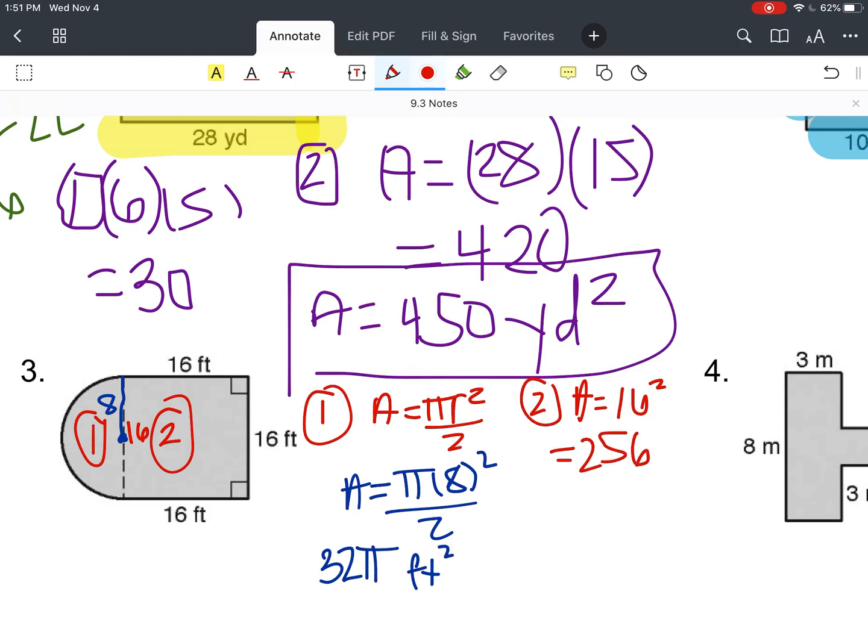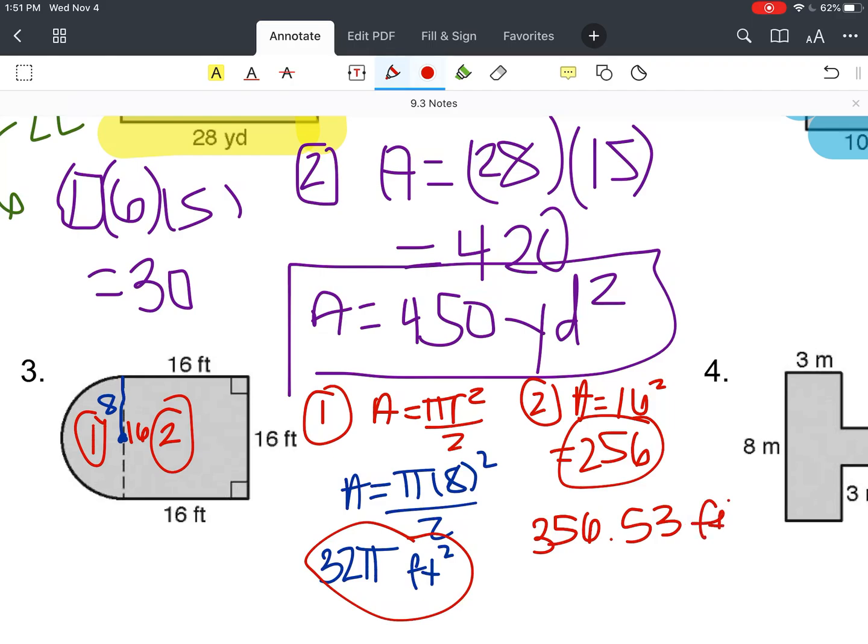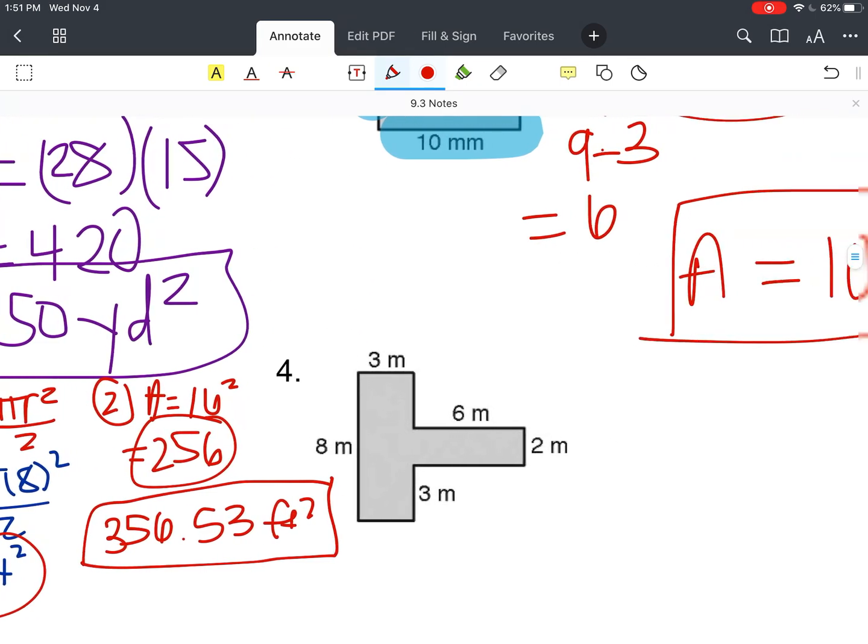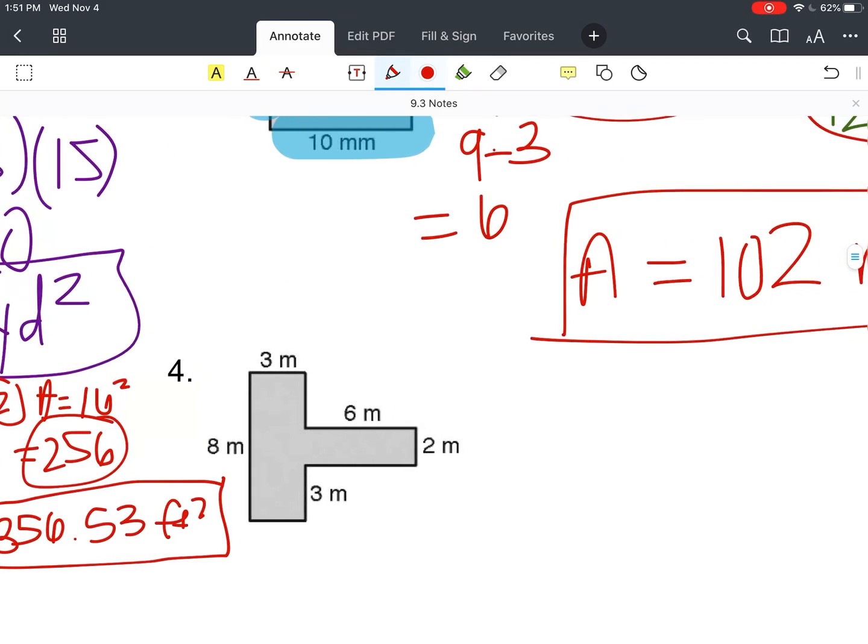The base and height are both 16. So you can either do 16 times 16 or 16 squared, which is 256. Adding 256 with 32 pi together, you can use your calculator, and you're going to get 356.53 feet squared.